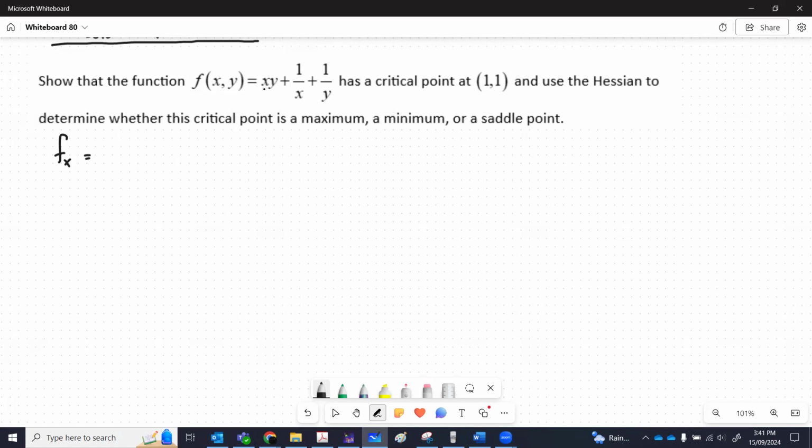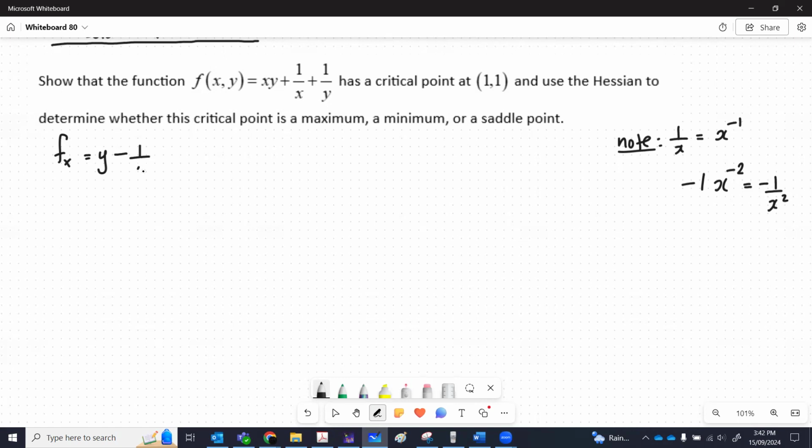So the derivative of xy, this is y because y is a constant, and then 1 over x. Keep in mind, or take note that 1 over x, this is x to the power of -1. So when you differentiate, the -1 will come down, and then at the top, you subtract 1, and this is -1 over x squared. So this I'm sure you're already familiar with.